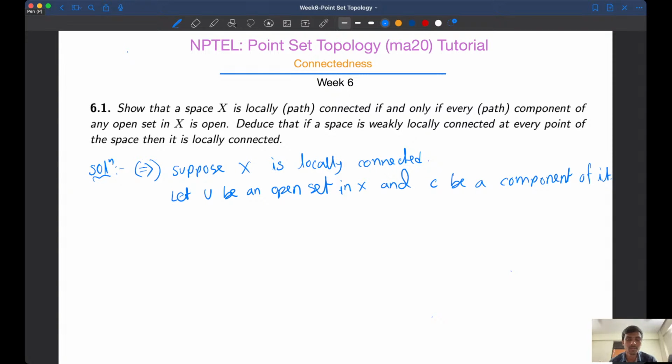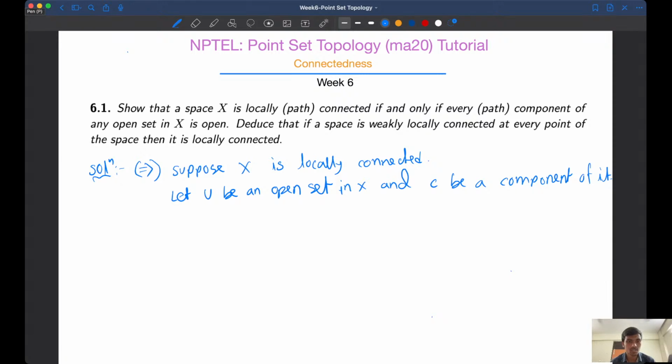That means if I take any point from C, there should exist an open neighborhood around that point which lies totally inside this C. So can you get some such neighborhood from the local connectivity of X?